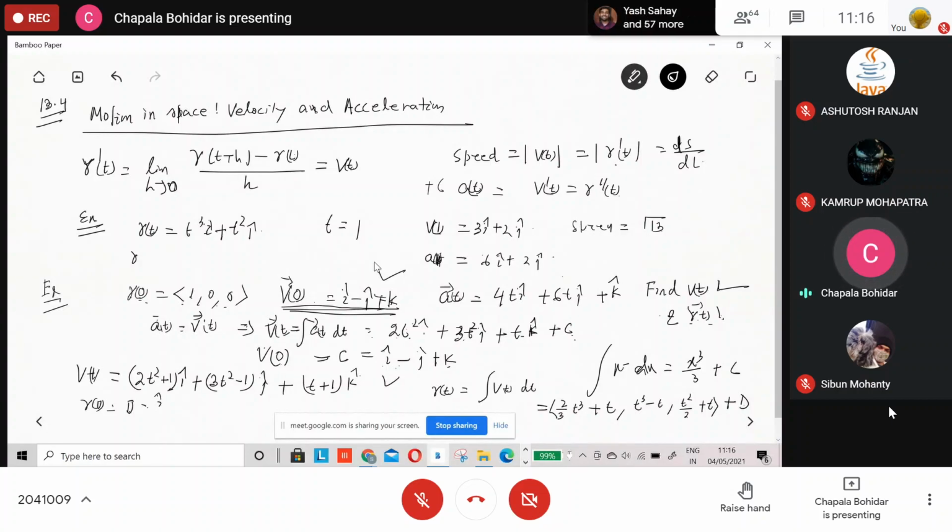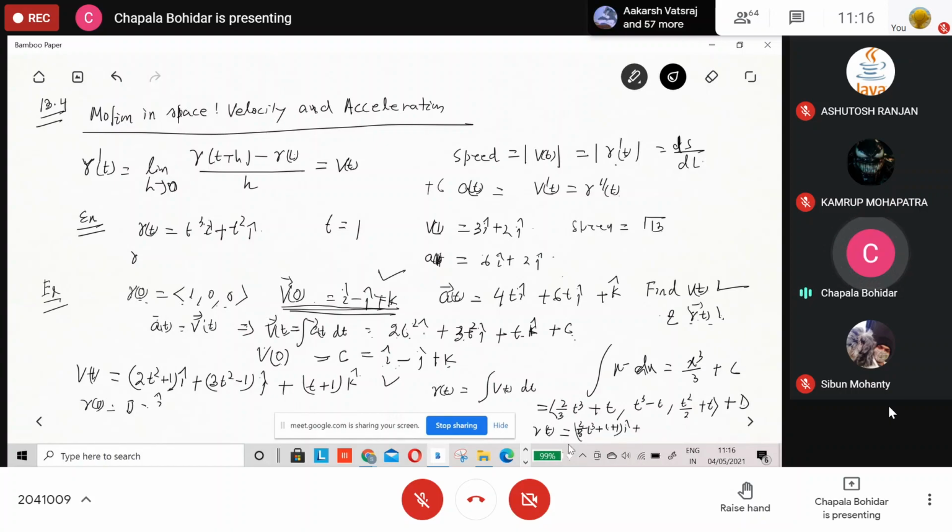So R of t is equal to 2 by 3 t cube plus t, then plus 1 whole into i cap, then plus this into j cap plus this into k cap.